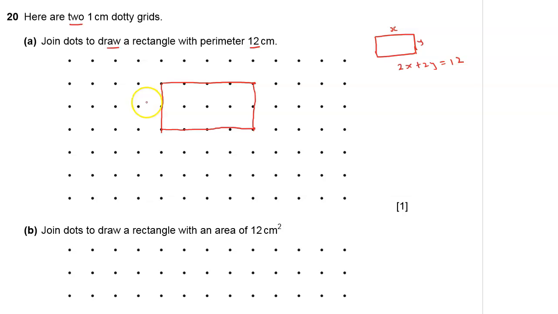So this is 1, 2, 3, 4. This is 4 centimeters. This is 1, 2. This is 2 centimeters. 4 centimeters. 2 centimeters. So 4 plus 4 plus 2 plus 2 should give us 12. They are right.